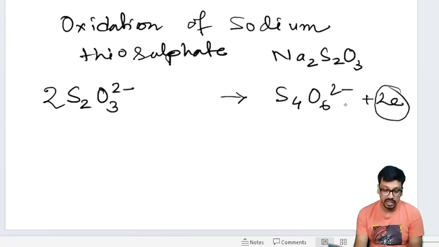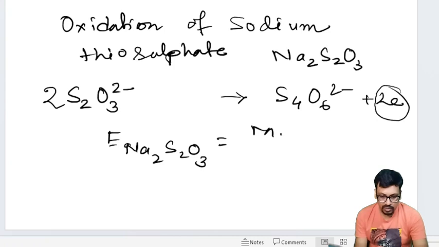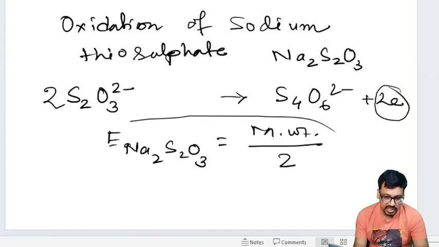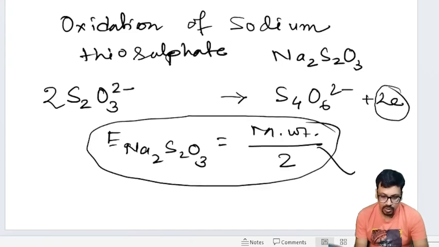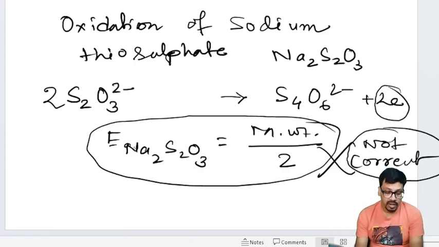Many students give the wrong answer because they take the equivalent weight of Na2S2O3 as the molecular weight divided by 2, but this is wrong. Okay, this is not correct. Now what happened?